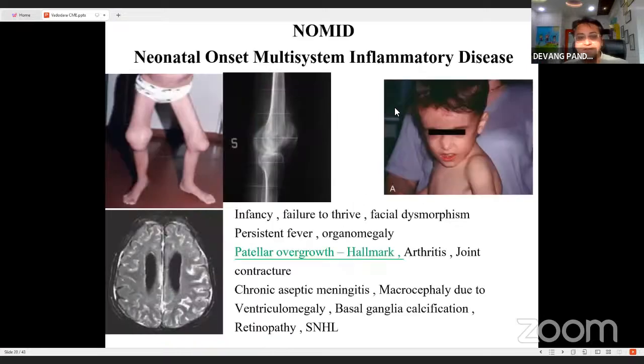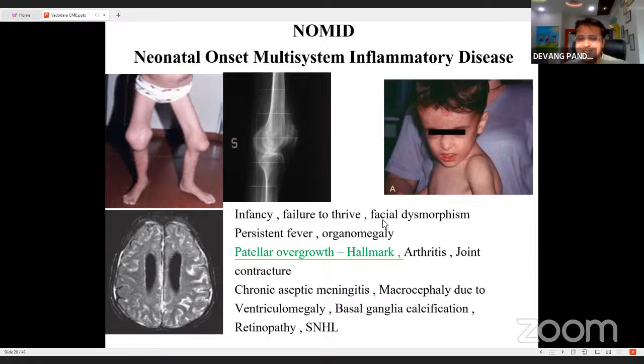And the most severe form is known as NOMID, and this is the picture I have put here because if you have such a child with a globular swelling of the knee joint and you do not find any joint effusion, it is instead due to patellar overgrowth. Patellar overgrowth is a marker of the severe CAPS spectrum, which is NOMID, neonatal onset multisystem inflammatory disease.